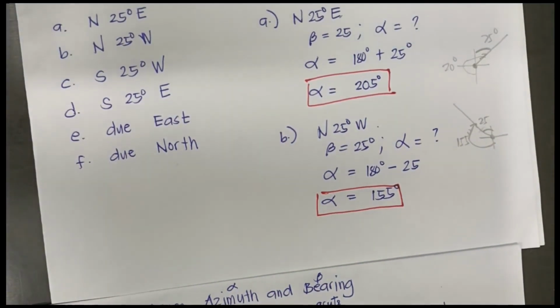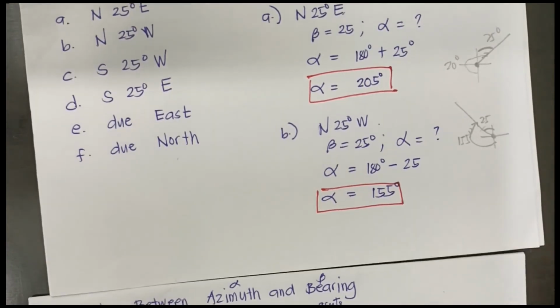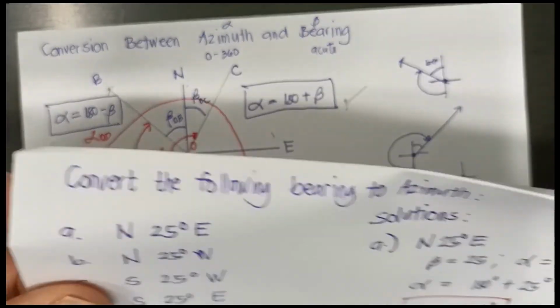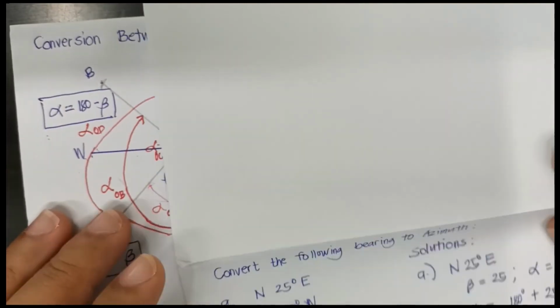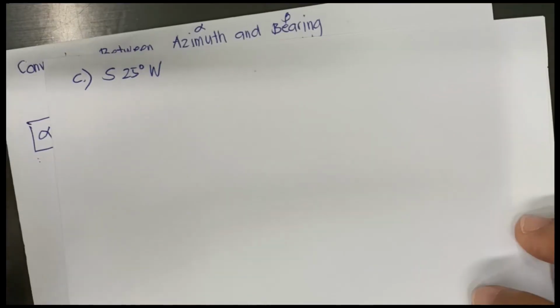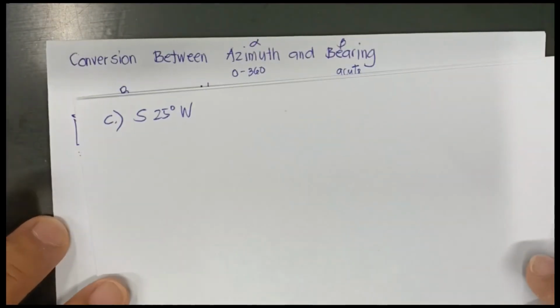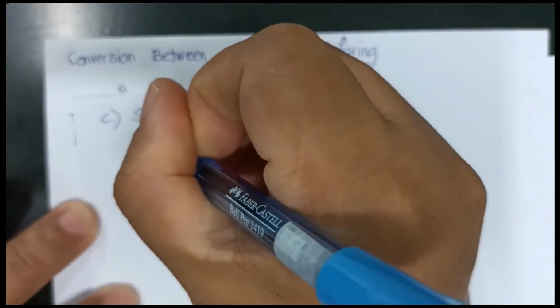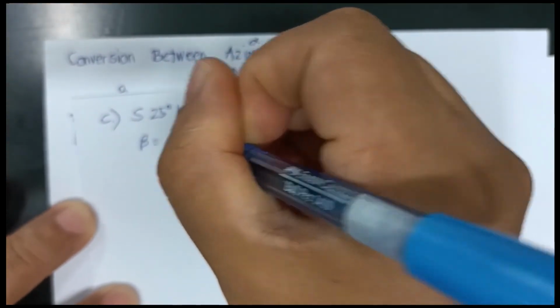It's simple. There's no need for you to memorize the formula, but just understand the concept. Another one is for letter C. C is southwest. For C, south 25 degrees west, we have beta, or the bearing angle, to be 25.